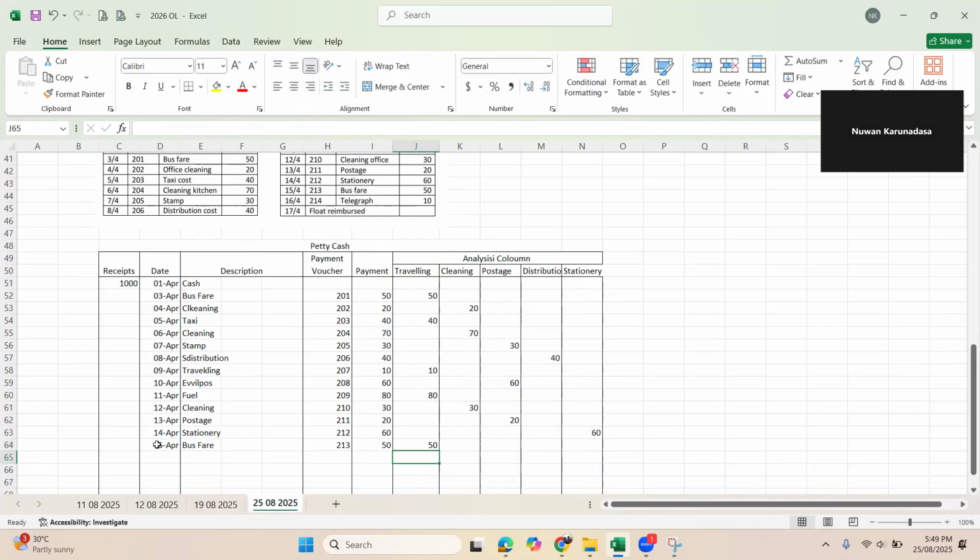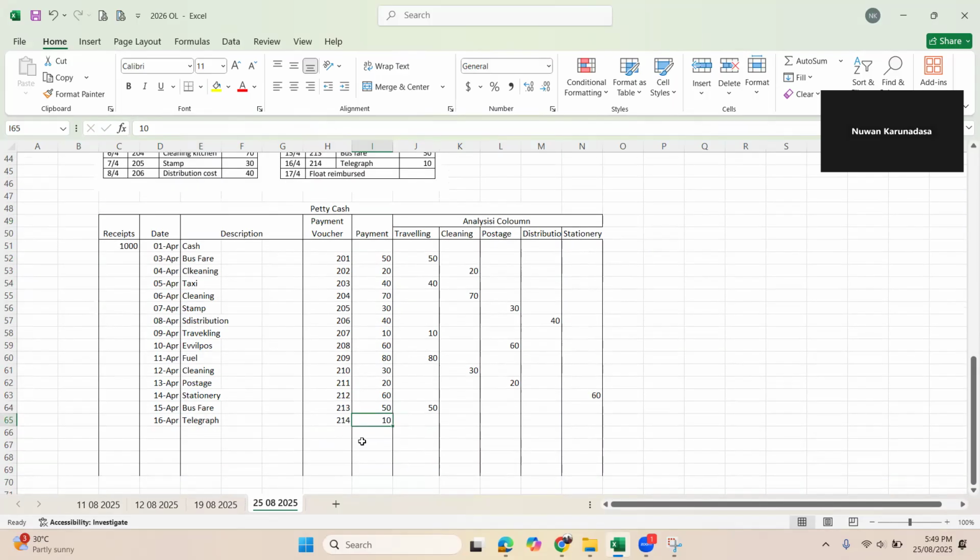That's again traveling. Then 16th April, telegraph, 214. The value is 10 rupees. I hope you understood, student, right? Look at it carefully. Telegraph we will take under postage.